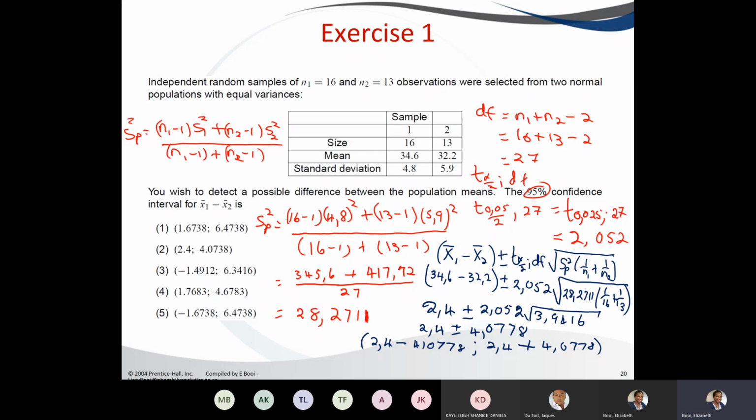Do you get the same number that I'm getting? You have to talk to me. So somewhere I might have rounded off too quickly.